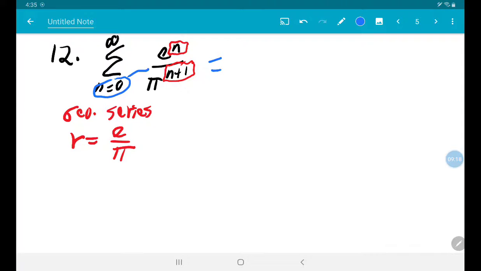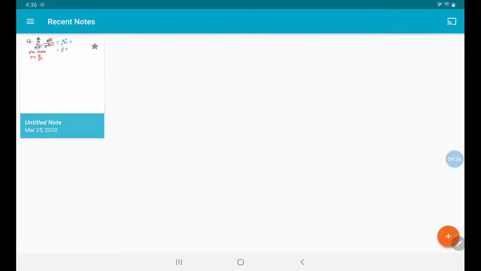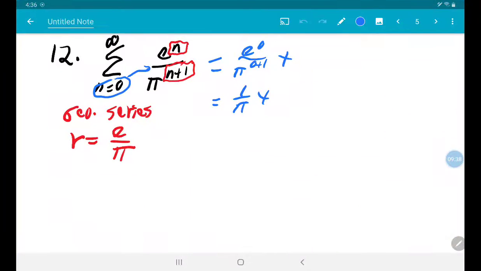Let's start and just find a couple of terms. So we're starting with n equals 0. My first term would be e to the 0 over pi to the 0 plus 1. E to the 0 is 1, over pi. My second term, I started at n equals 0, now I go to n equals 1.